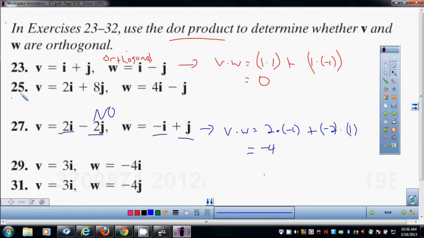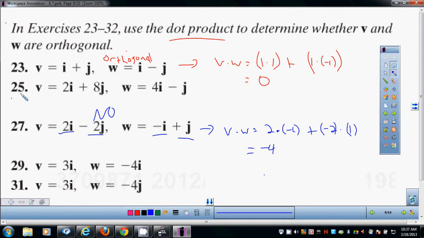So, orthogonal. What about these two? That's right. Technically, they'd be parallel, even though they're going in opposite directions. One's going to the right, the other's going to the left. Not that it asks you that. You don't have to tell me parallel. And I don't know if there's a three-dimensional word for parallel. I don't think so. But that would just be no. No, they're not orthogonal. Yes, they are.